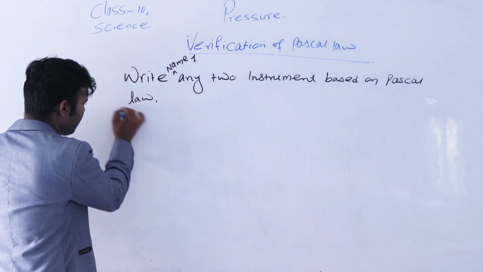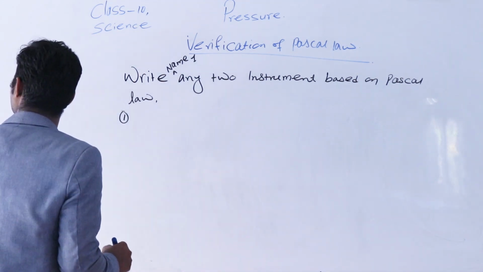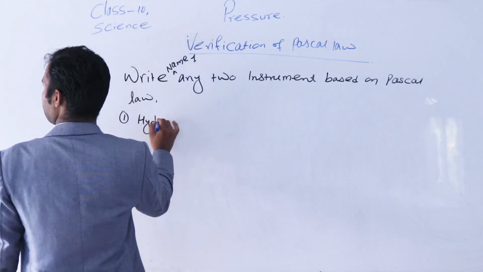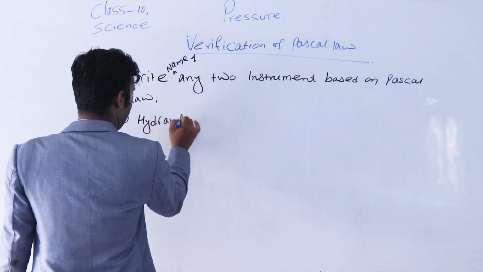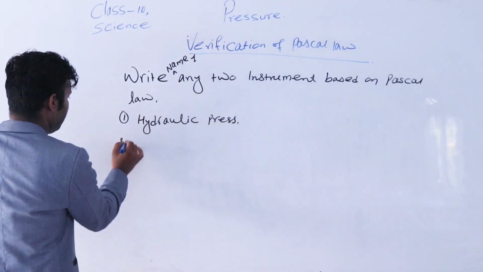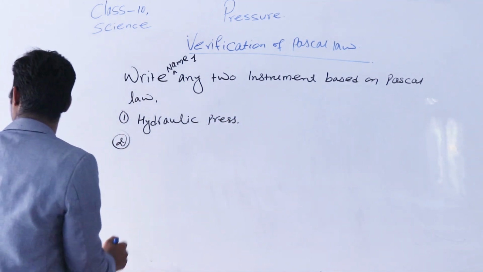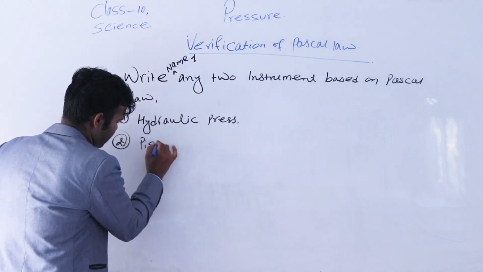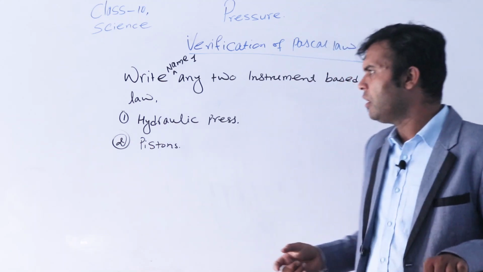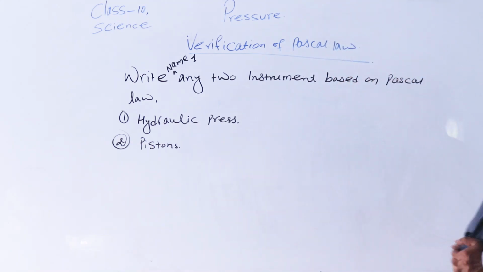Number one, hydraulic press. Number two, piston. Look here, two instruments depend upon the Pascal's law. The first one is the hydraulic press and the second one is the hydraulic brake or a piston.